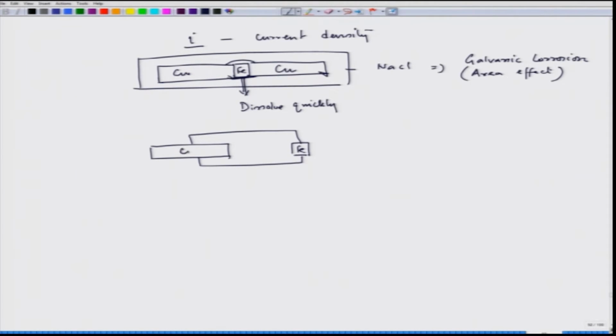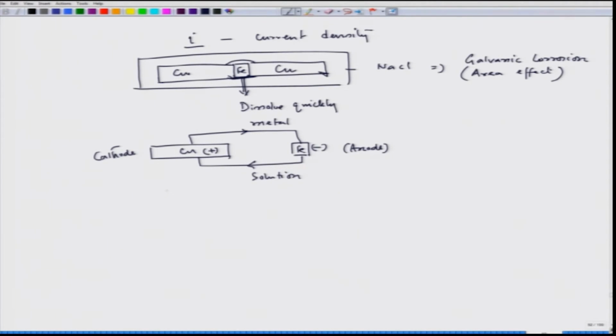The current flows here; this is positive, this is negative, because this is the anode. This will definitely form a galvanic cell. This is the cathode. The current goes through the metal, and through the solution. That way the total circuit is complete.